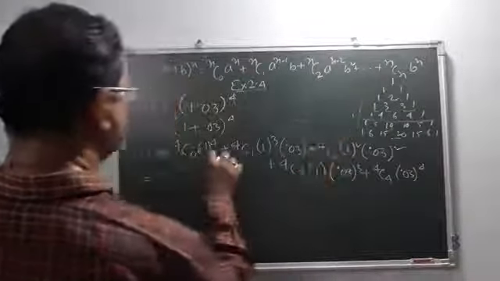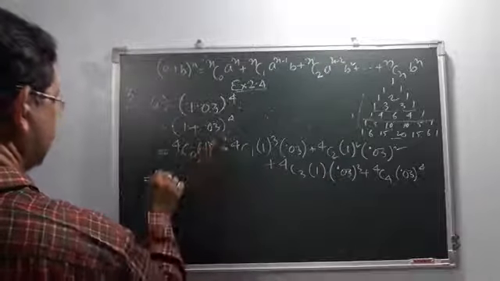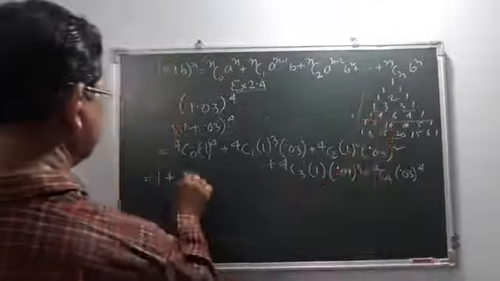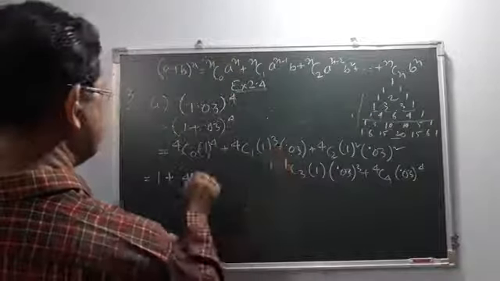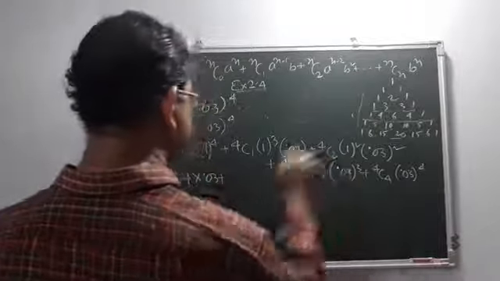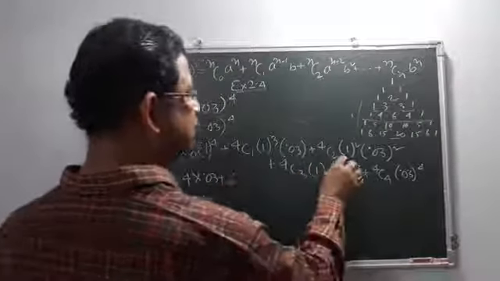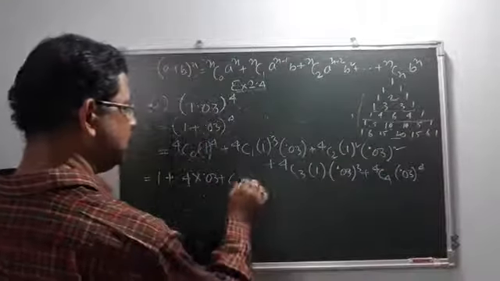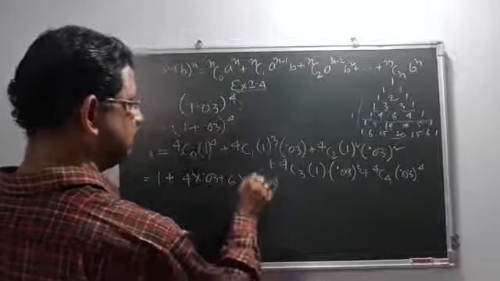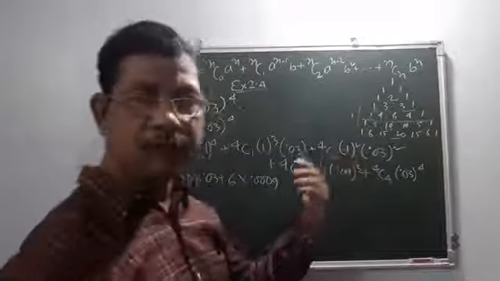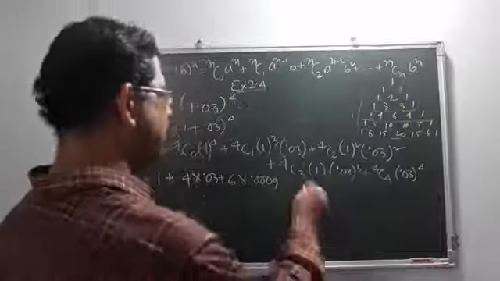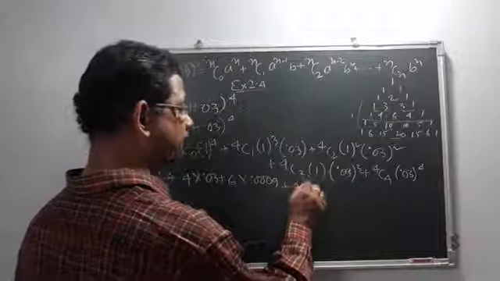4C0 is our 1. 1 into 1 to the power 4, that is 1. 4C1 is 4. This is 1, this is 0.03. 4C2 is our 6. This is 1, and this if we square it, it is 0.009. If you multiply, 3 3s are 9 and 4 digits it will be. 4C3 is 4.